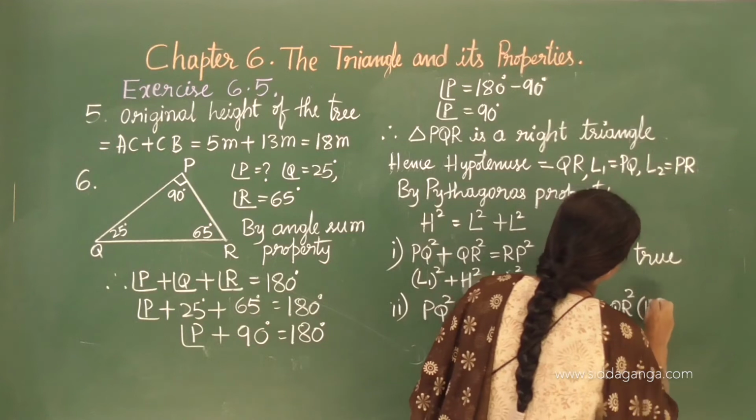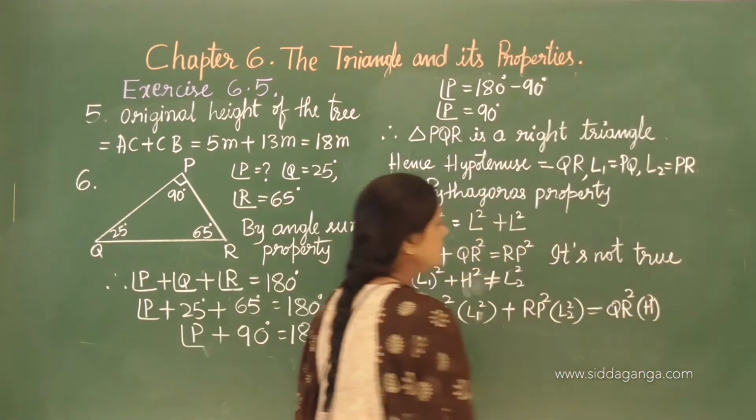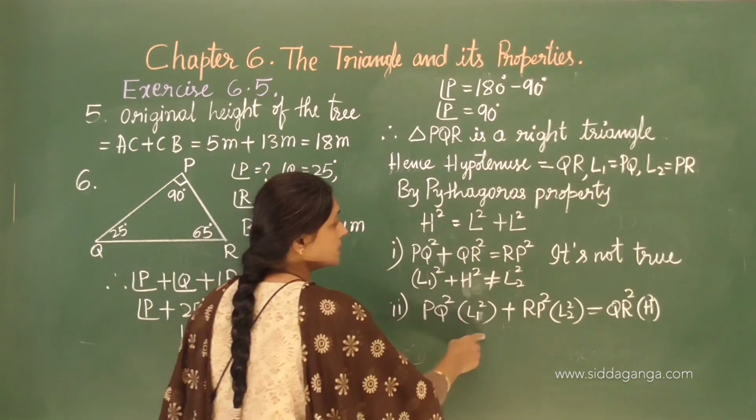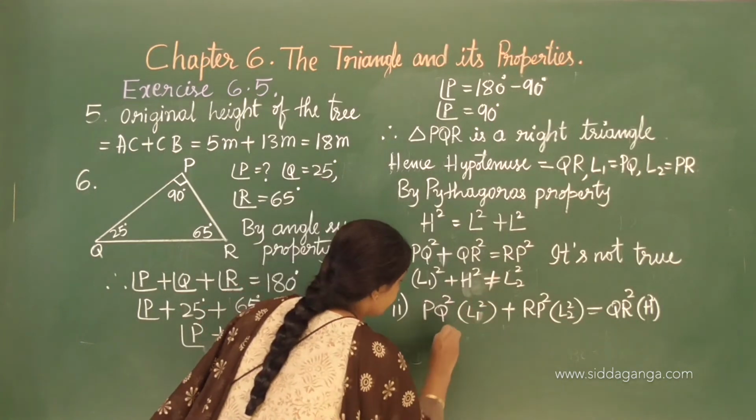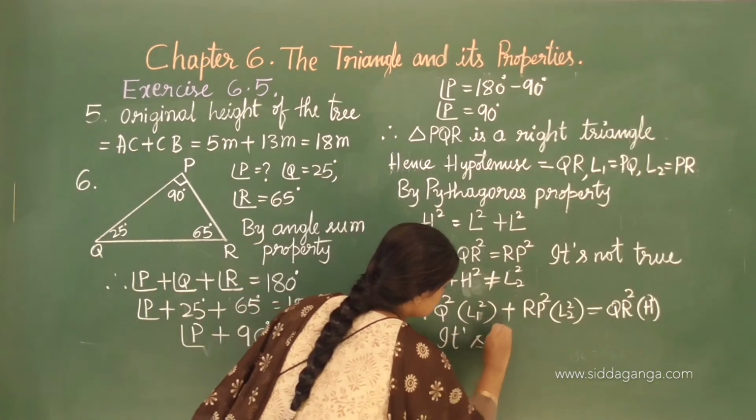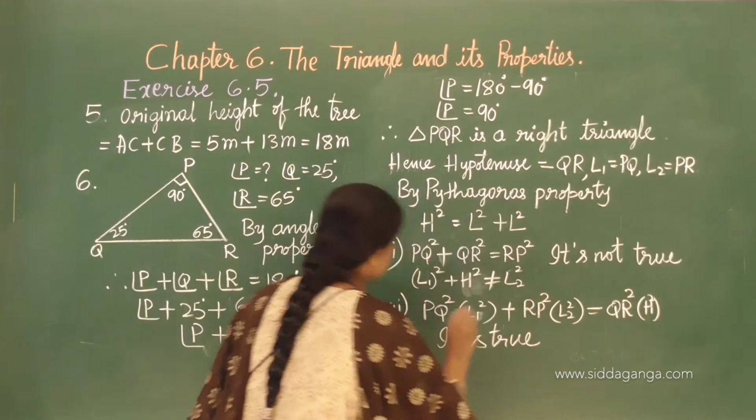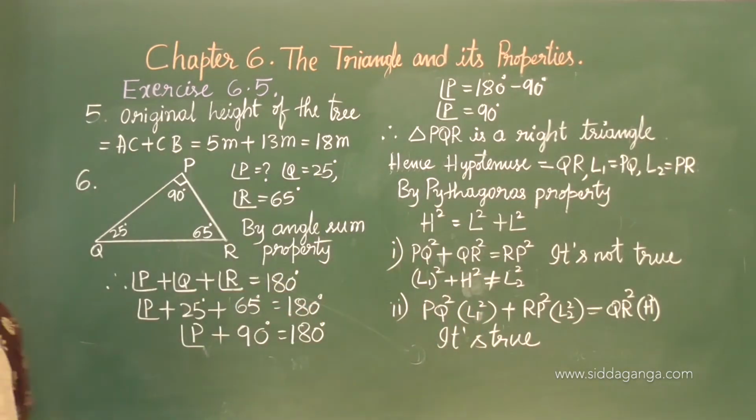So QR means hypotenuse square. Then it's true.